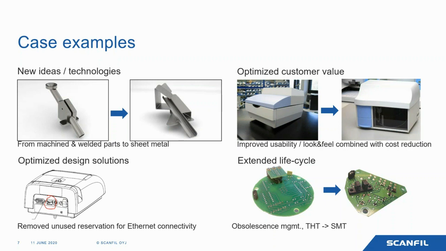Then when we spoke about these reservations that sometimes are needed, that is in this optimized design solutions picture, we had a product that had been prepared from the hardware side for Ethernet connectivity. We had at that time a separate IC chip to manage the communication and also, of course, the connector.